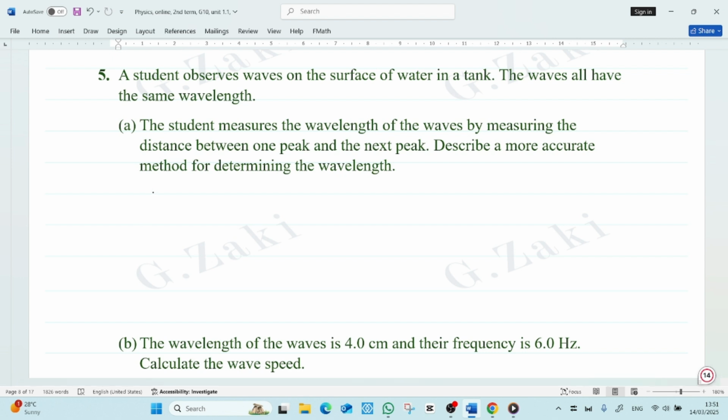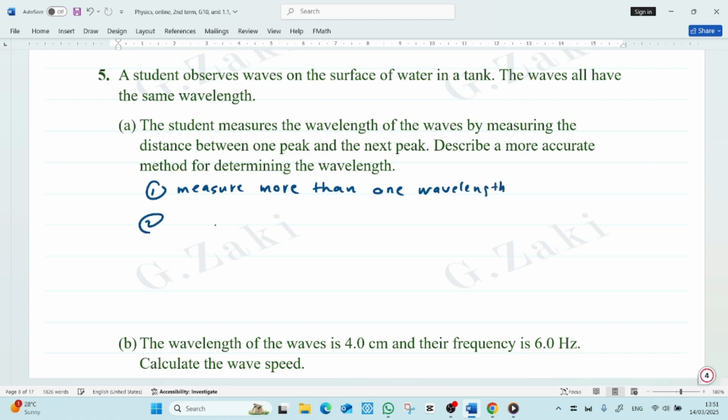Then, number 1, measure more than one wavelength.